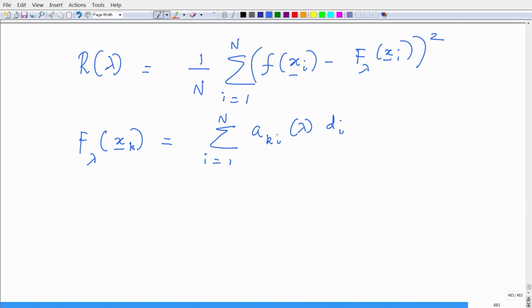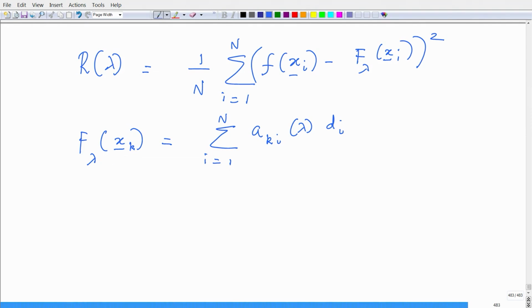Let me tell you what this means. I have my desired samples d_i, and I combine them using some coefficients a_ki that depend on lambda to get the function evaluated at this point x_k.